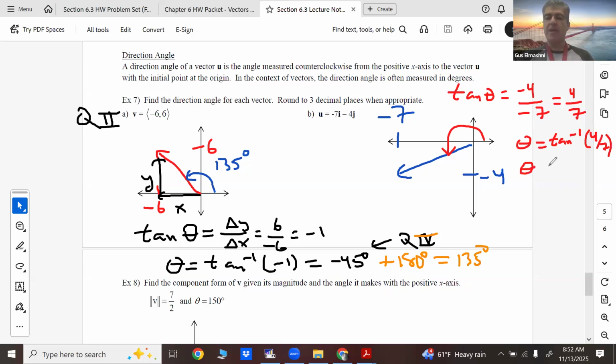So let's see what it spits out. Inverse tan of 4/7. I have to switch to degree mode. I got 29.745 degrees, but add 180. Nope, degrees. We don't do radians for this stuff.